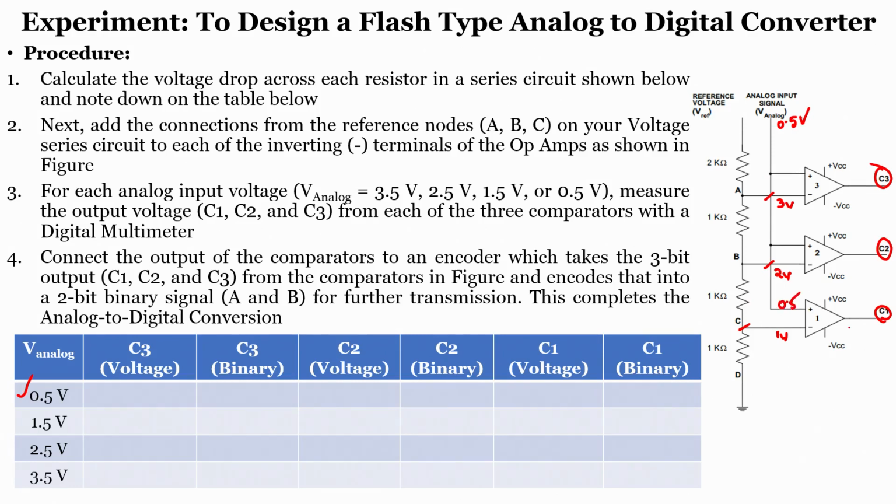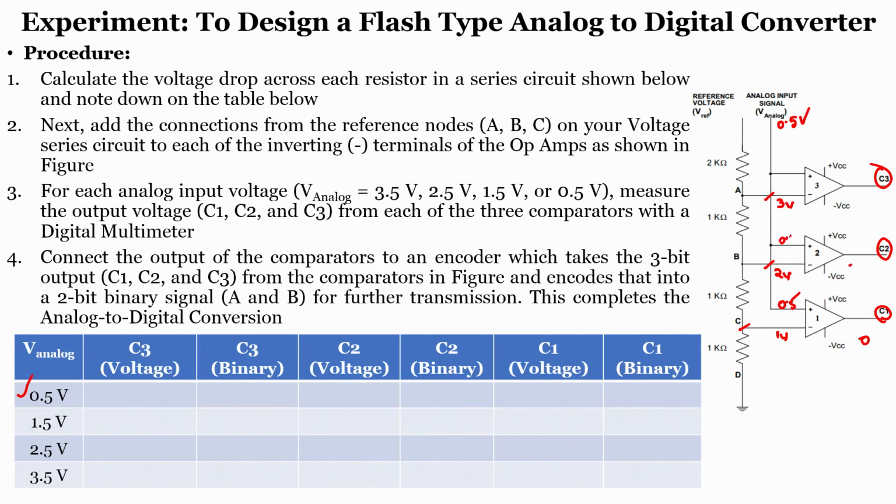By understanding the working of a comparator, the positive terminal voltage is lower than the negative terminal. As a result, you will get the output as minus VCC, that means 0. What about in this case?